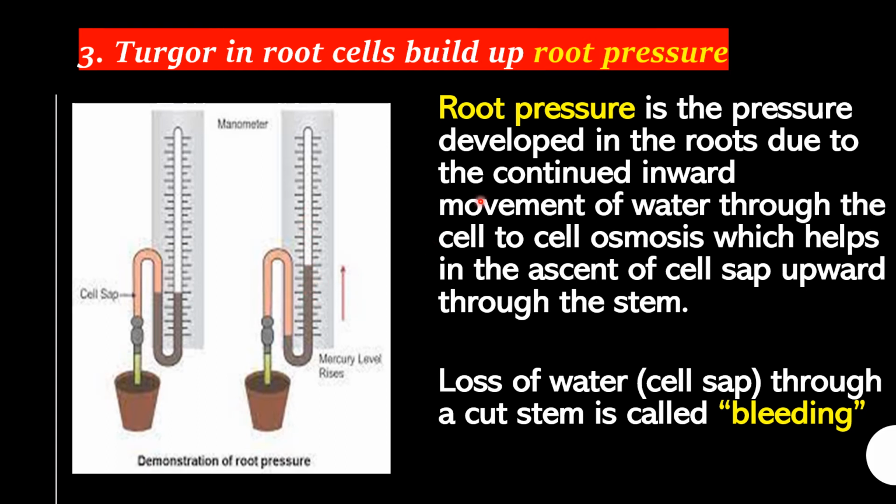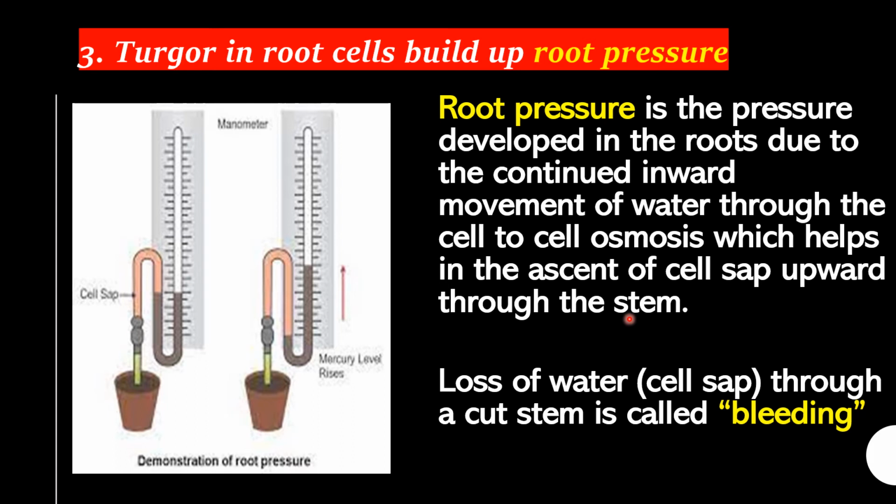Then what is the definition of root pressure? Root pressure is the pressure developed in the roots due to the continued inward movement of water through cell-to-cell osmosis, which helps in the ascent of cell sap upward through the stem. That is called root pressure.